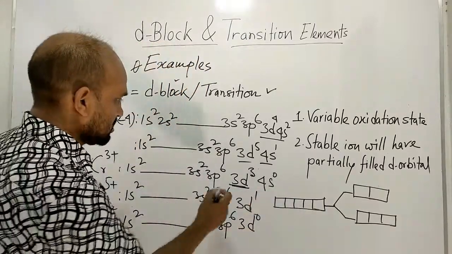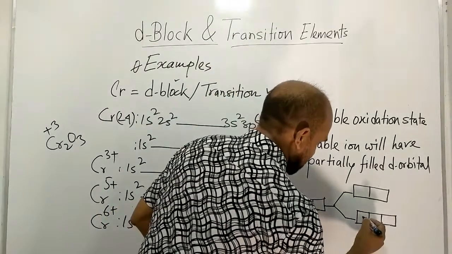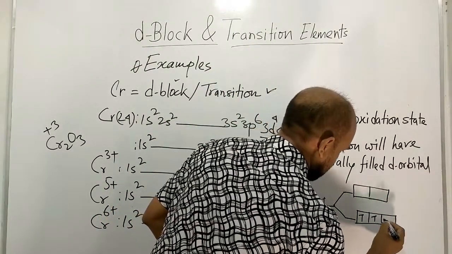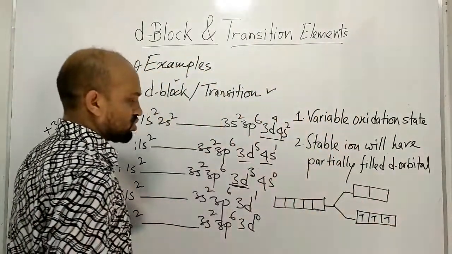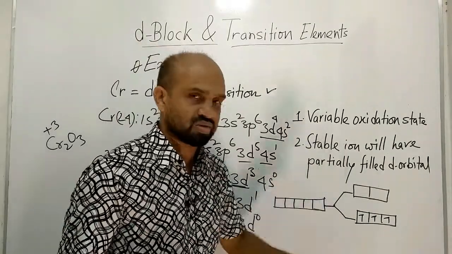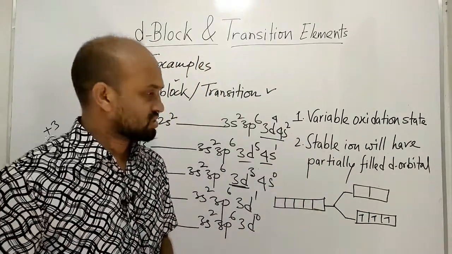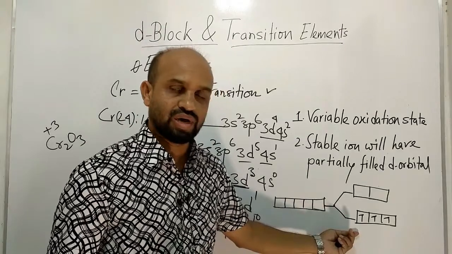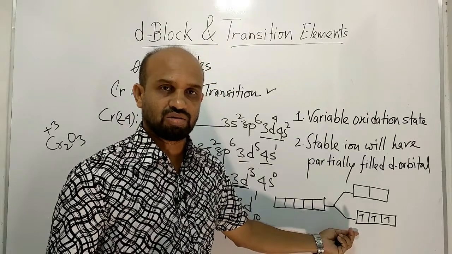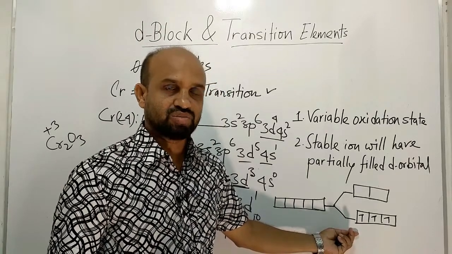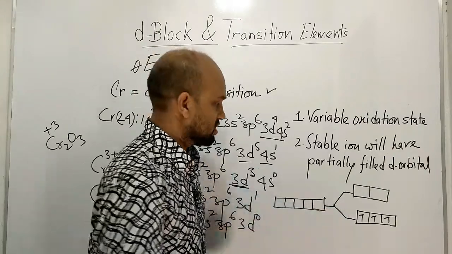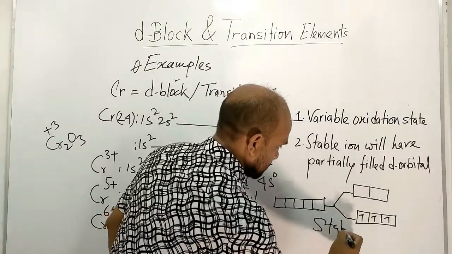Now these electrons are arranged according to Hund's rule, that is, each orbital contains 1 electron, which is a very stable, well balanced and symmetrical configuration. Because of this symmetrical configuration, it becomes stable.